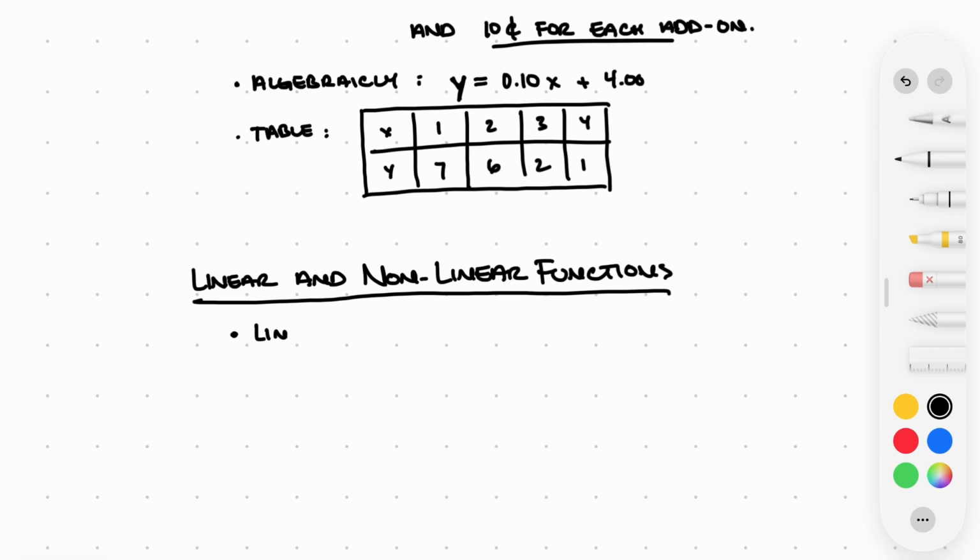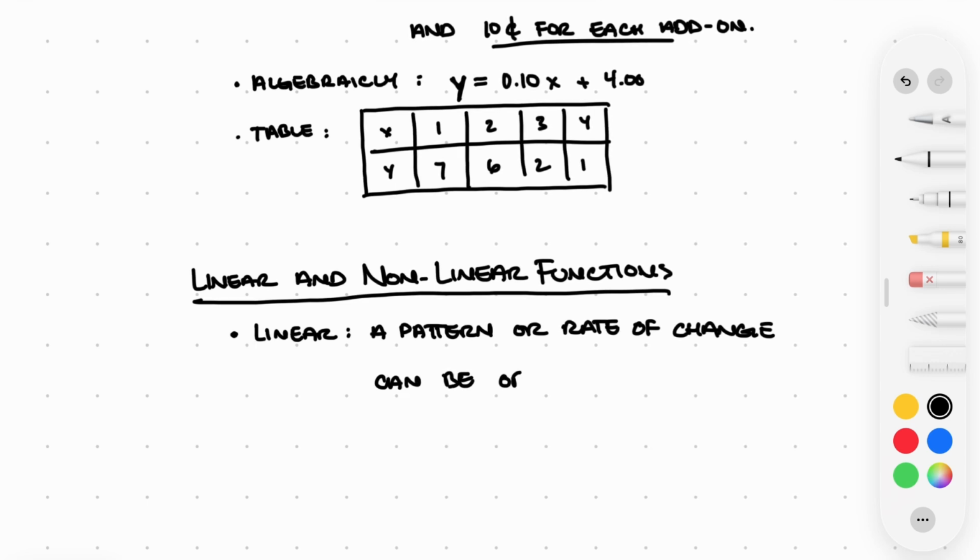Linear functions are when you have a set pattern or rate of change. A pattern or rates of change can be observed.